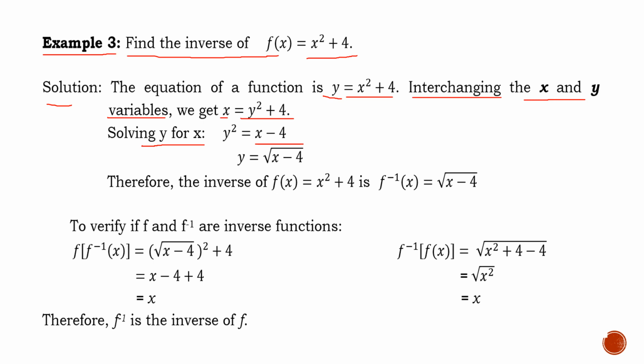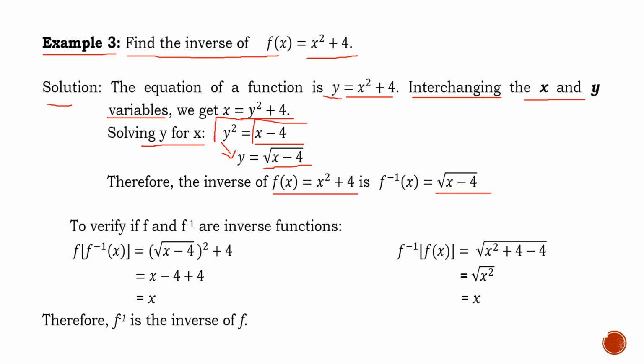For us to get the value of your y, we need to take the square root of both sides of your equation. So square root of y squared becomes y, then square root of x minus 4. That's why it becomes square root of x minus 4 here. So the inverse function now of f of x is equal to x squared plus 4 is now equal to square root of x minus 4.